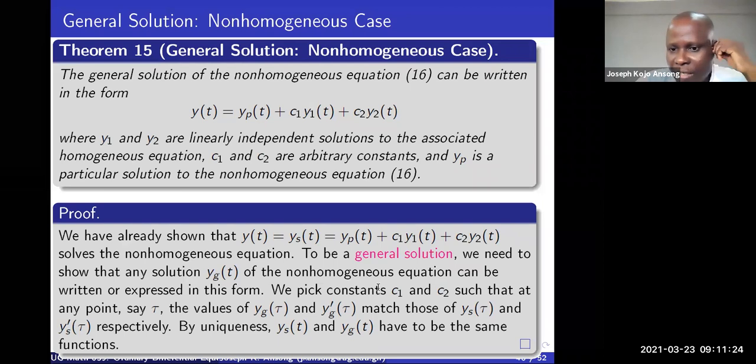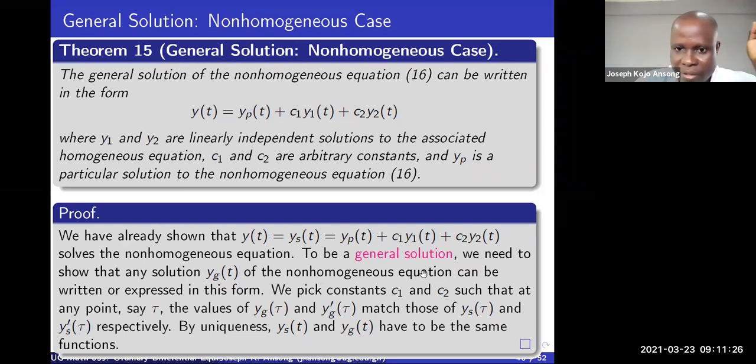Well, how do you prove that? The way to prove that is that you pick constants C1 and C2 such that the value of your solution YG at some point, say tau, is equal to the value of this expression at tau. And also you want to show that the derivative of YG at tau is also equal to the derivative of this expression, YS, at tau.